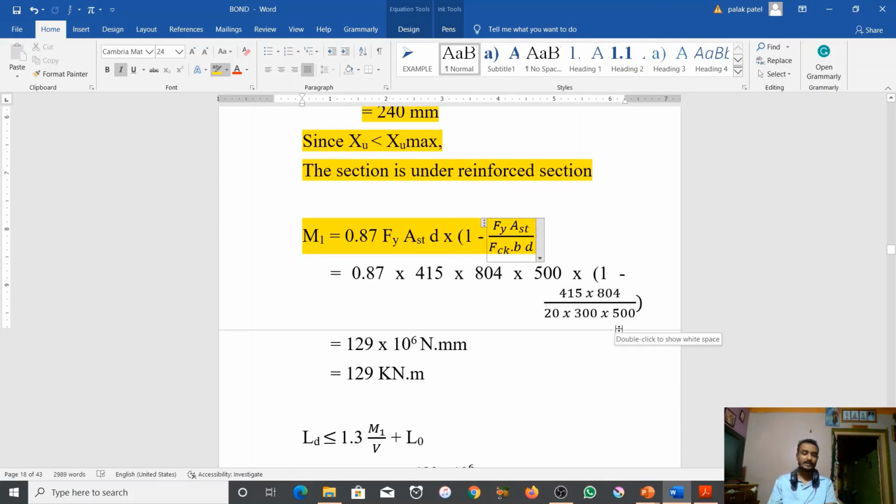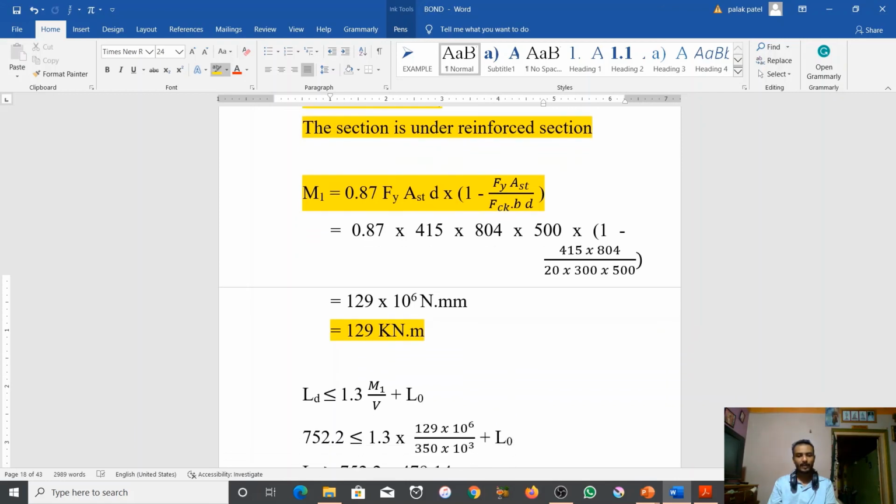By this equation we find M1 as 129 kilonewton meter.